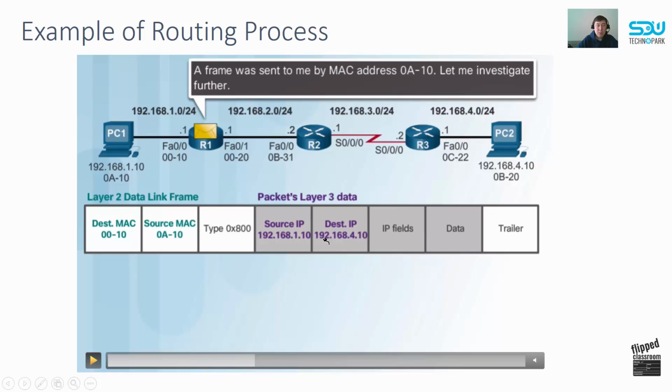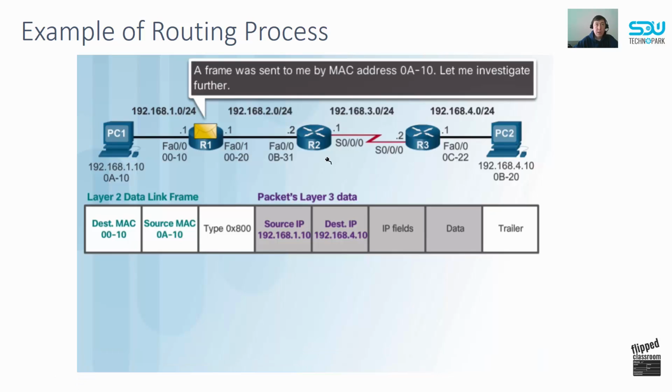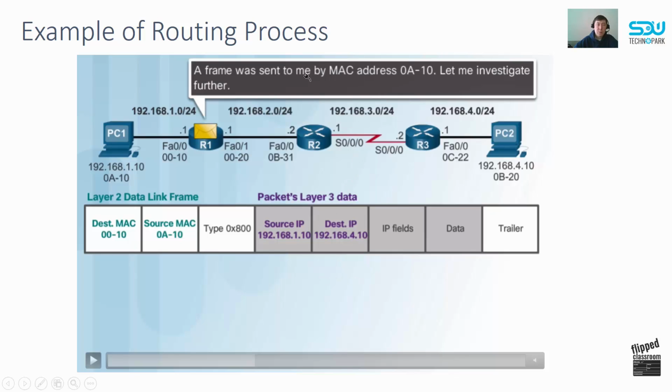But the IP address belongs to PC2. When you communicate inside the local area network, you use the MAC address of the network's gateway in case you are communicating with other networks. Then a frame was sent to me by this MAC address. Let me investigate further.